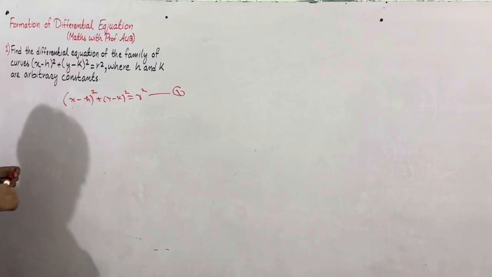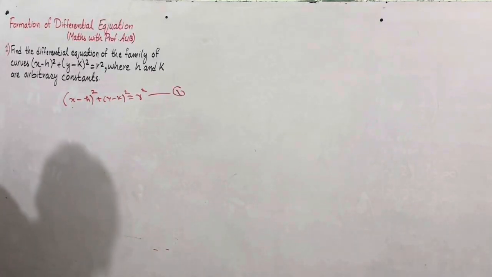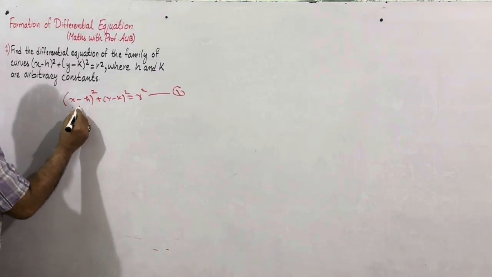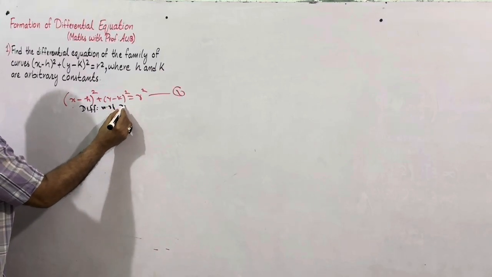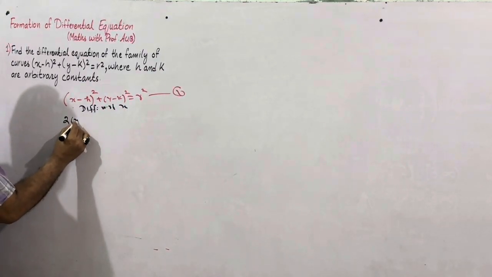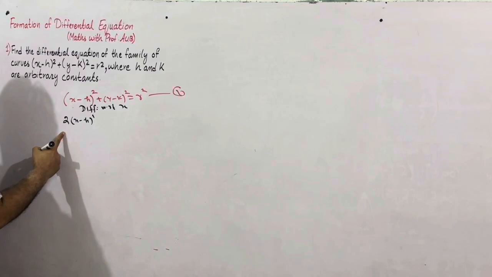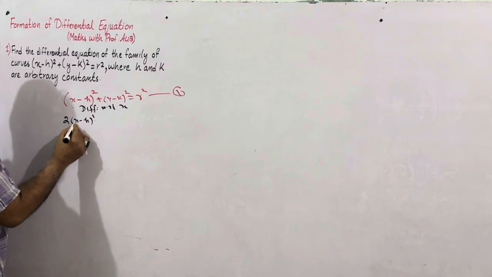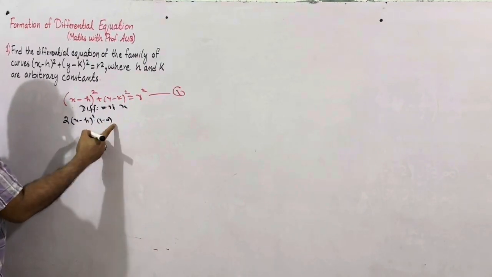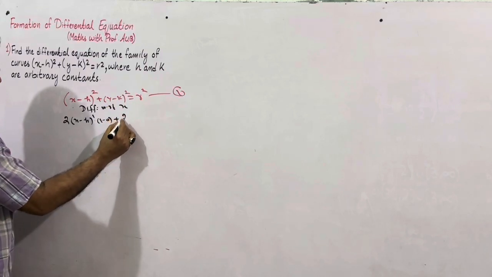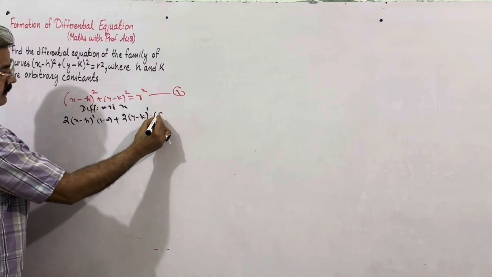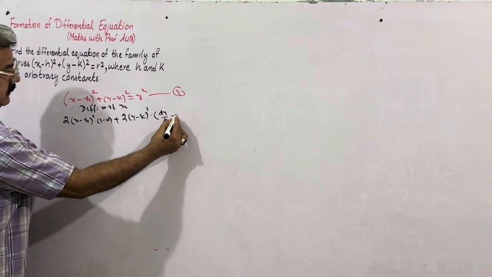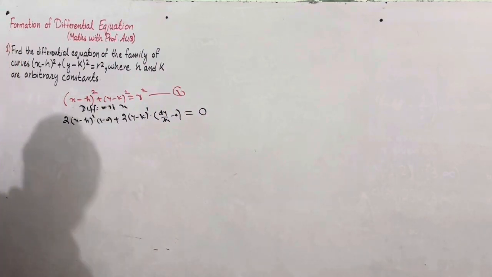Differentiating with respect to x, we have 2 times (x minus h), make the power coefficient, subtract 1 from the power, differentiation of x is 1 and h is a constant having derivative 0, plus applying power rule, 2 times (y minus k), subtract 1 from the power, differentiation of y is dy over dx, k is 0, r square is also a constant, 0.